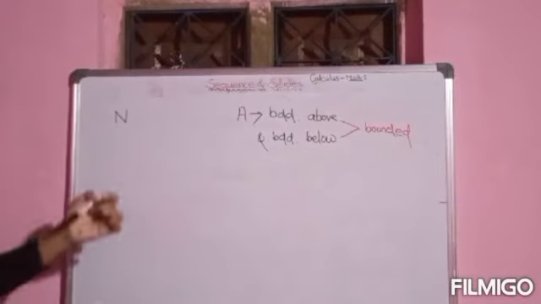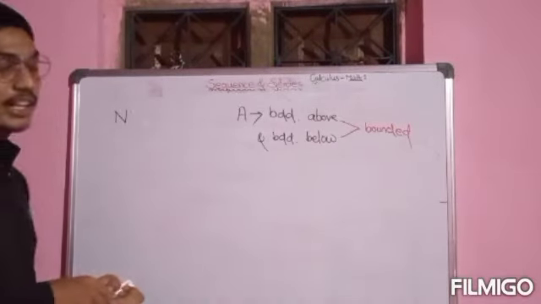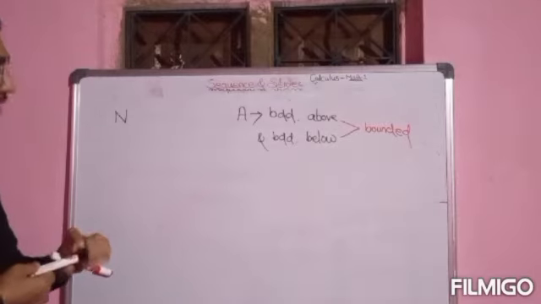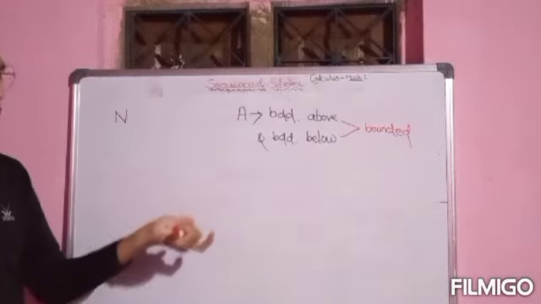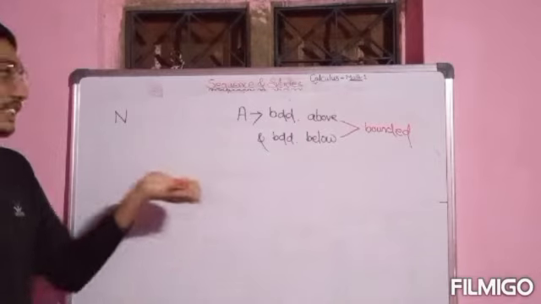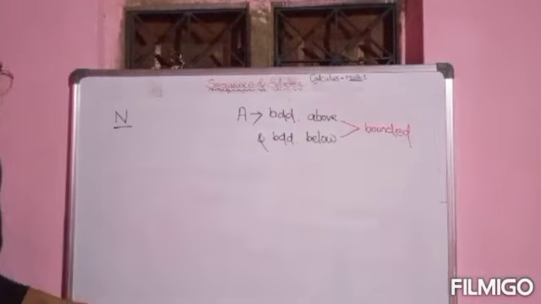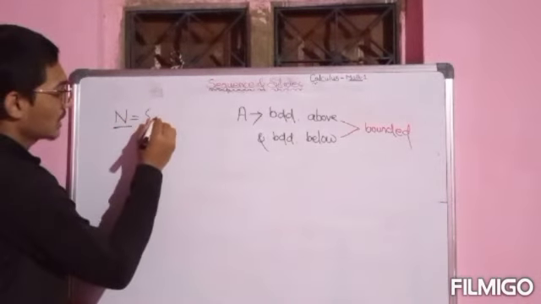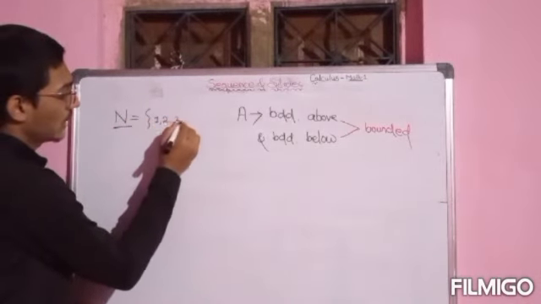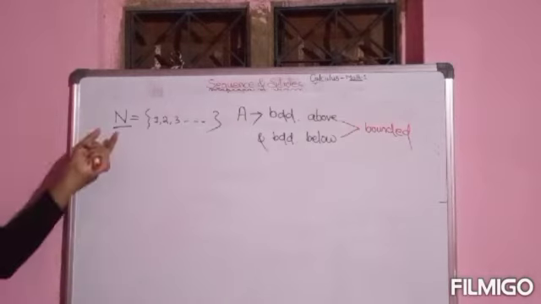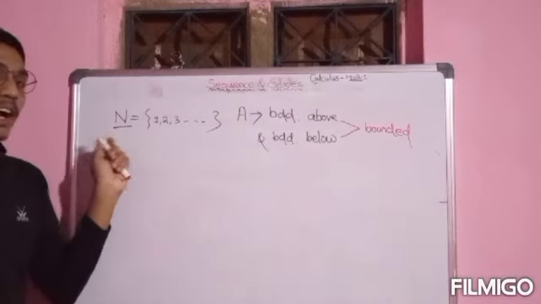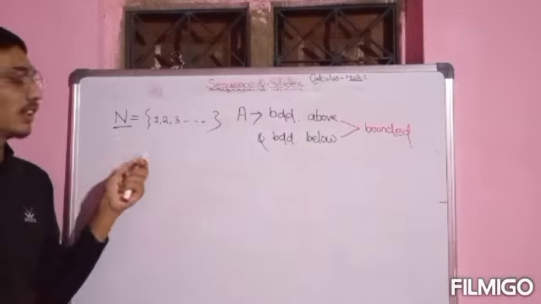Okay. Now we will check some sets, whether they are bounded or not. If it is bounded above, what is the supremum? If it is bounded below, what is the infimum? Now consider the set N of natural numbers, like 1, 2, 3. Can you find a lower bound for this set? Yes, of course.